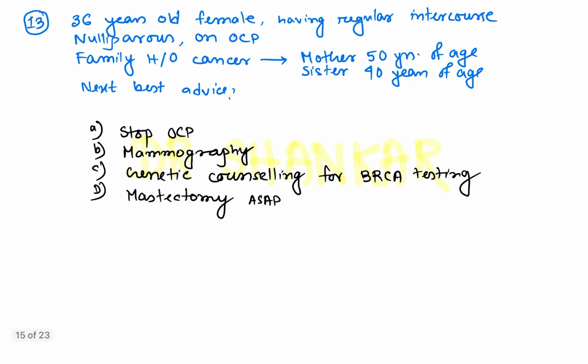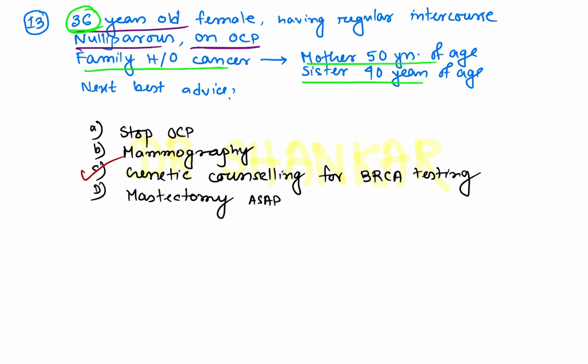Next, question number 13. A 36-year-old female having regular intercourse, nulliparous, on OCP, having family history of cancer, mother at 50 years of age and sister at 40 years of age. What is the next best advice for this 36-year-old female? The best advice will be genetic counseling for BRCA testing.